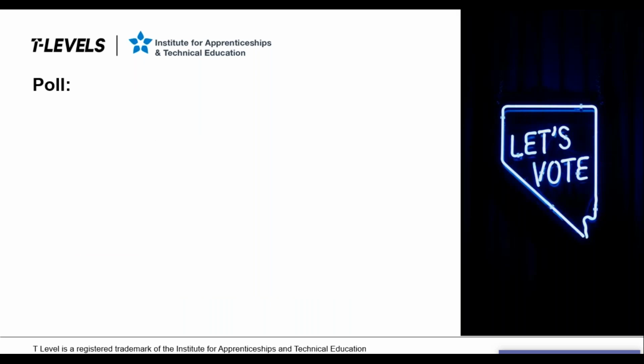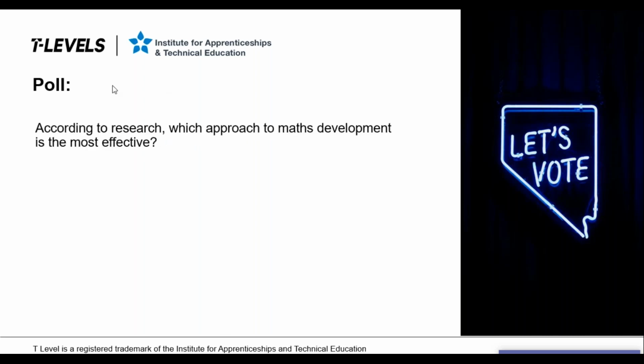Okay, we're now going to relate maths to the subject area, but before we do this, I'd like to run another quick poll. Research into approaches to maths and English development for vocational learners suggests that specific approaches have differing levels of efficacy. Please vote now for the one you think would be the most beneficial from the options shown.